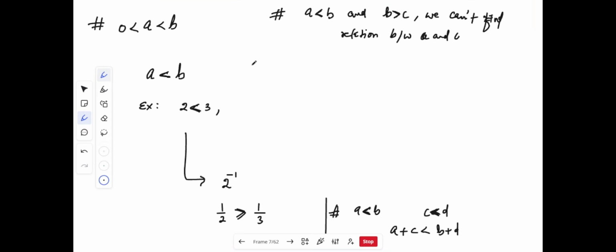Suppose a less than b, where I'm taking a as 4 and b as 5. So a is less than b.